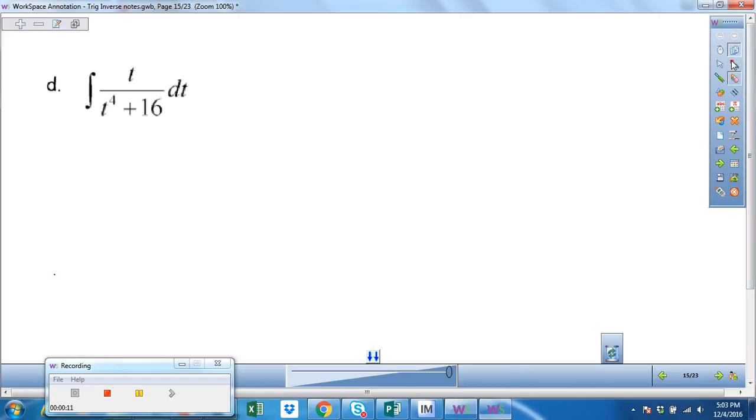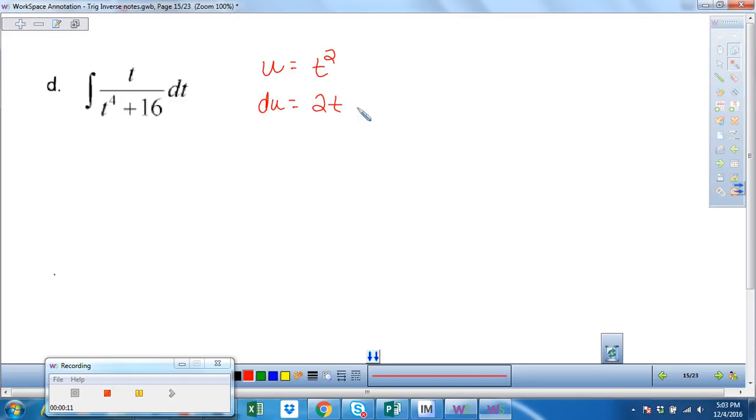But I can make u equal to t squared. So then du is equal to 2t dt. So I have t dt in my problem, so I can make this 1/2 du is equal to t dt.